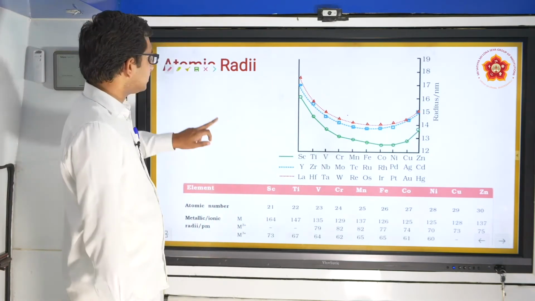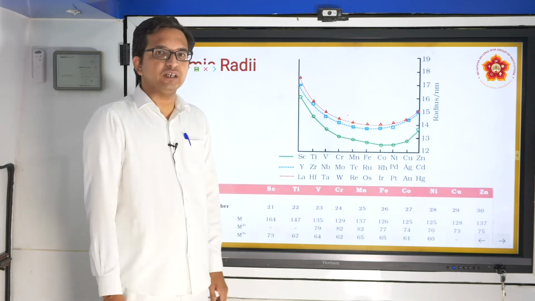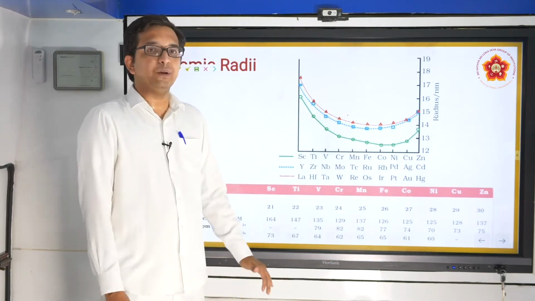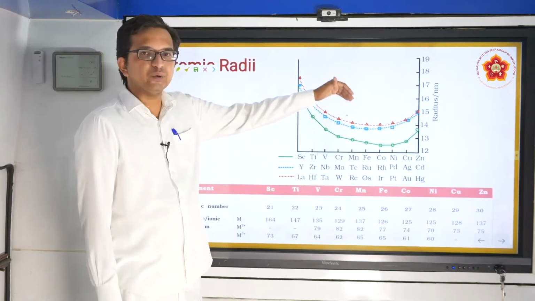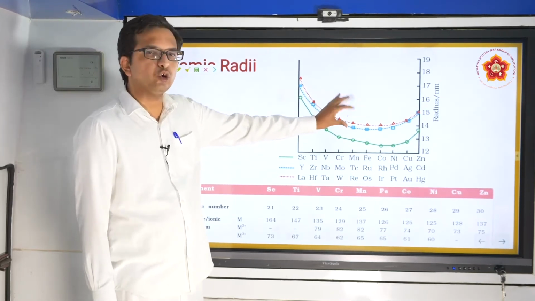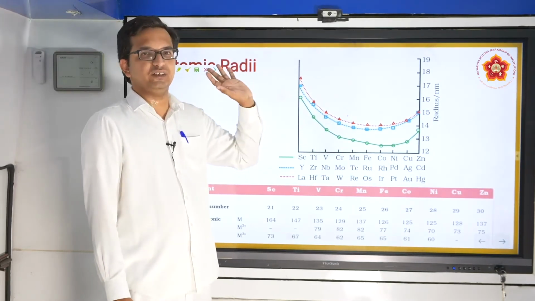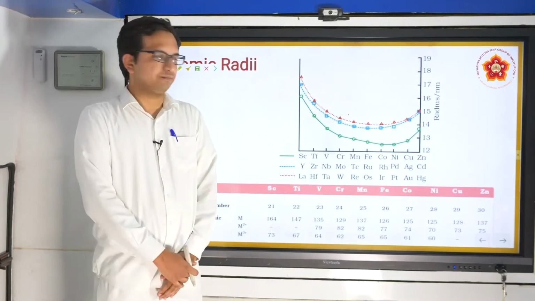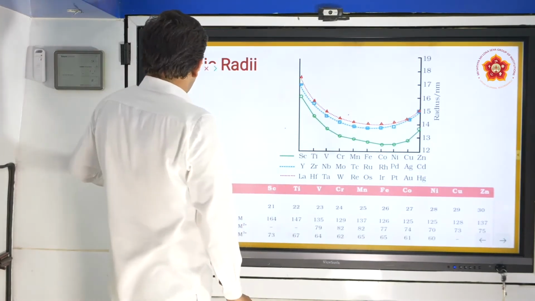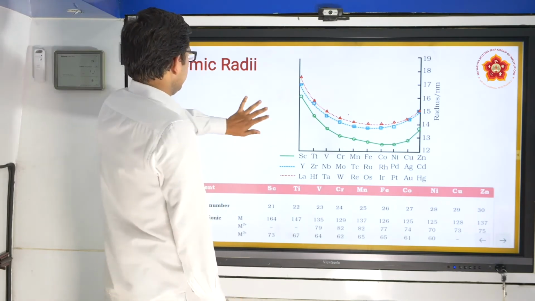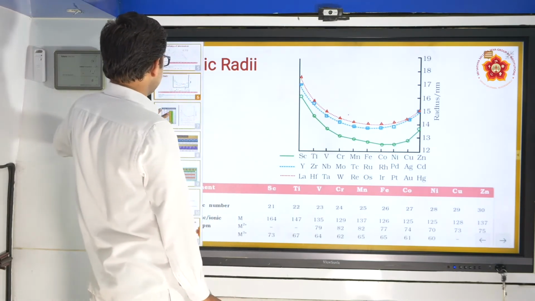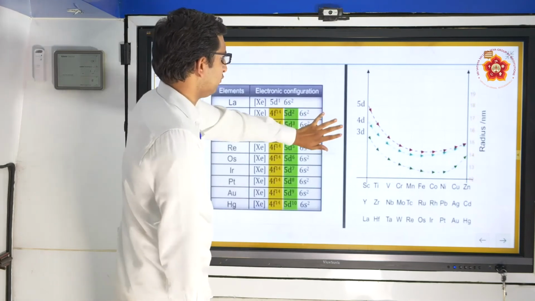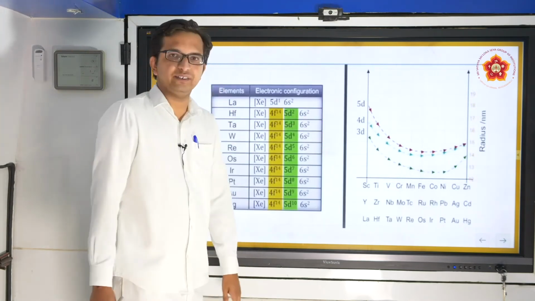Now having seen this for the 3d series, we have to see the difference for 4d as well as 5d, and why they are so close, unlike the 3d series. Let's now take up understanding the closeness of the 4d and 5d series.